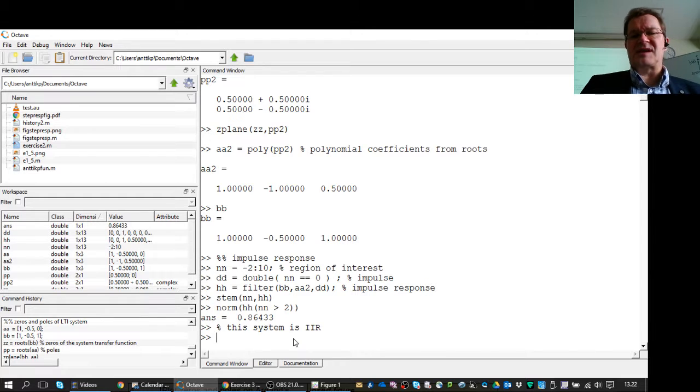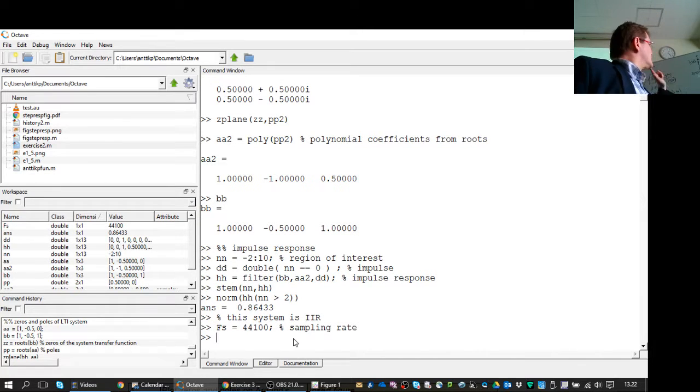Just for fun, I will set a sampling rate of 1000, which is 1000 samples per second. Should I make it an audio filter? Okay, I will make it an audio filter, since we have this audio signal later on. Okay, the CD quality audio. So that's the sampling rate.